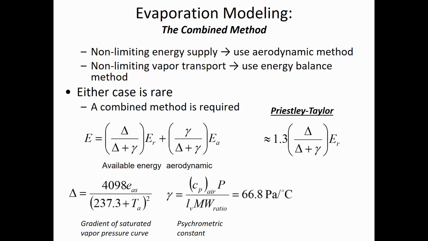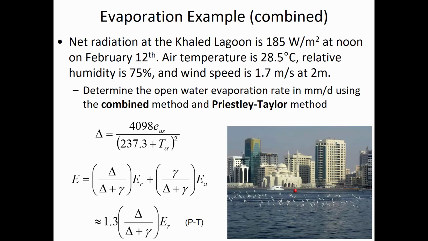And so the E sub as that we used was 3893 pascals, and then the air temperature is 28.5 degrees Celsius.